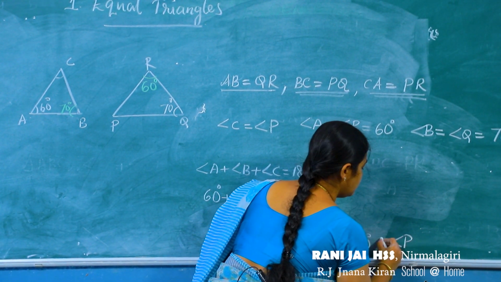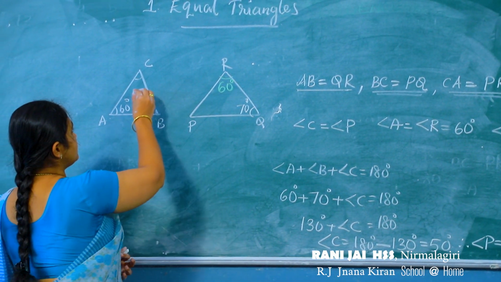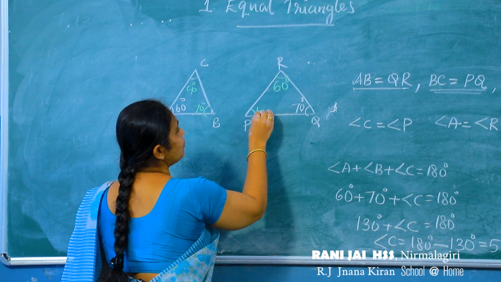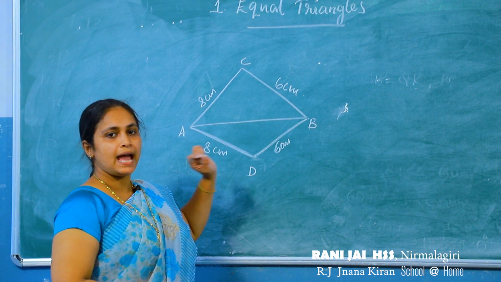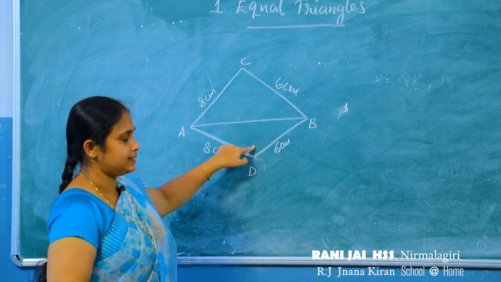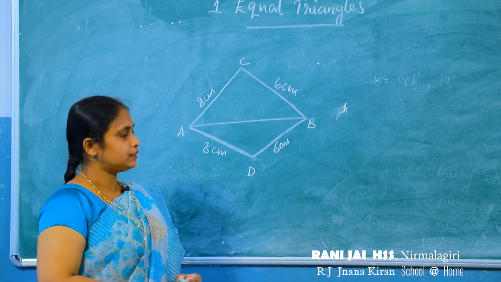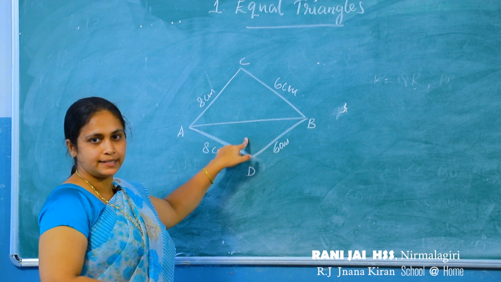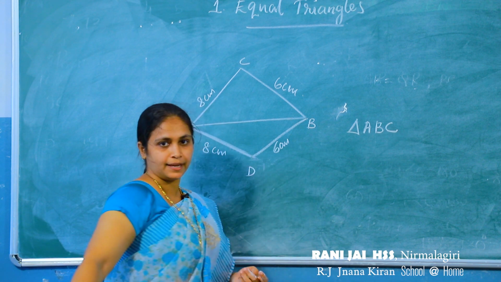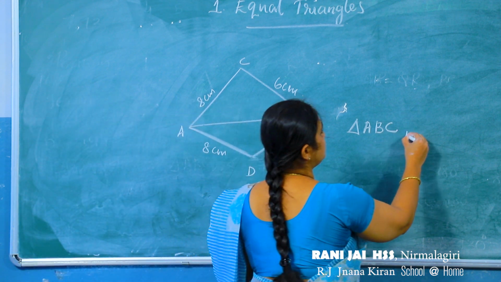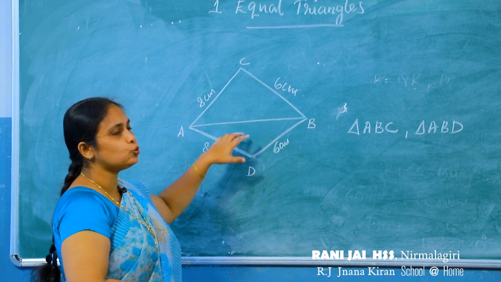Therefore, angle P is also 50 degrees. Here the question is, are the angles of these two triangles, triangle ABC and triangle ABD, equal or not? Consider these two triangles.